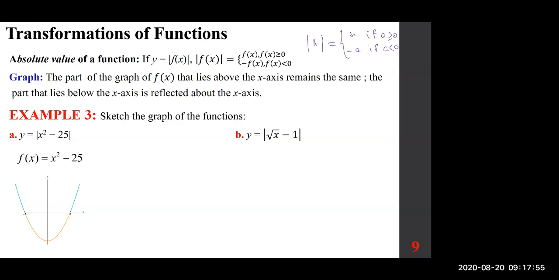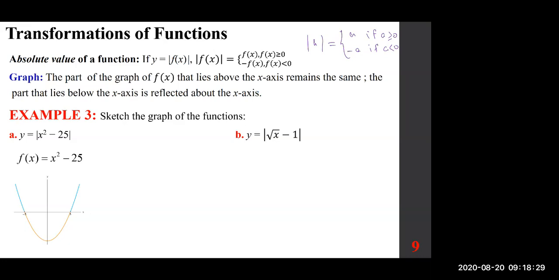Now, the portion in blue is above the x-axis. The portion in blue remains unchanged. Okay, I notice sometimes things stay blurry when we move things along. So again, the portion in blue above the x-axis remains unchanged. The portion below is in yellow.